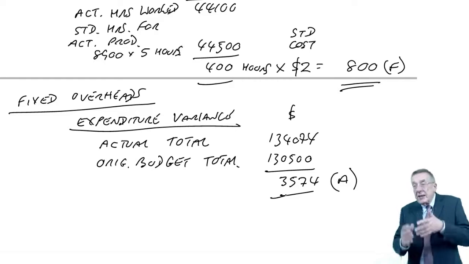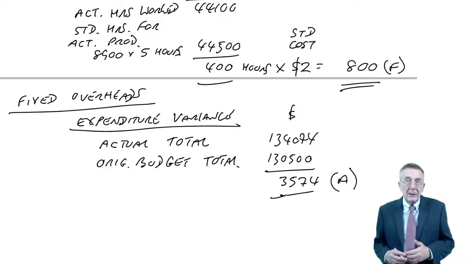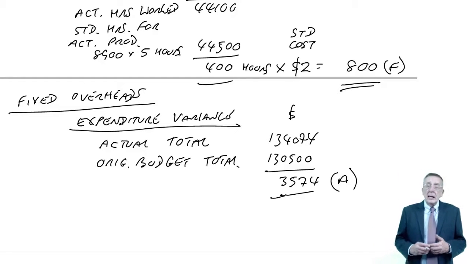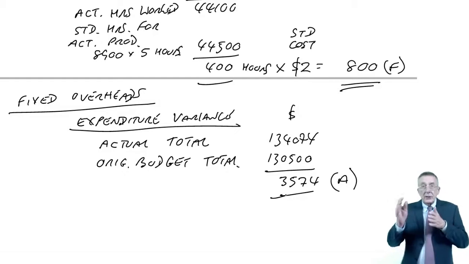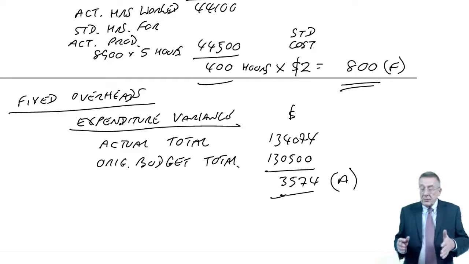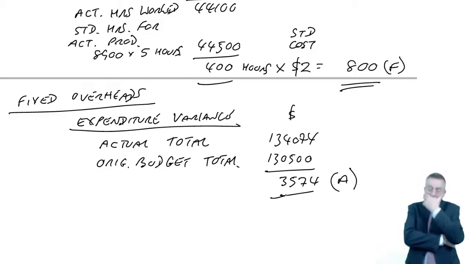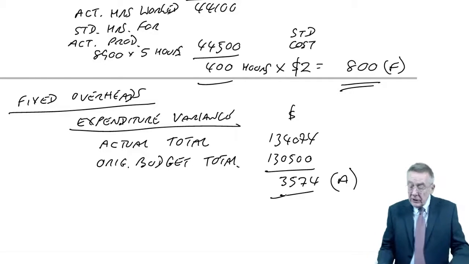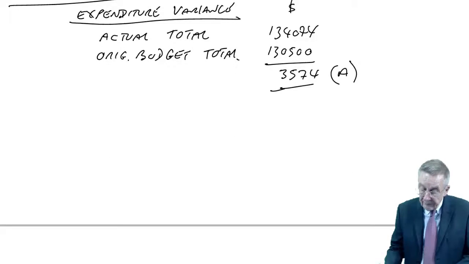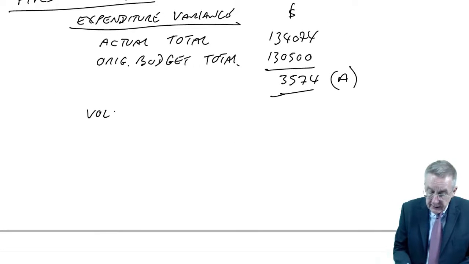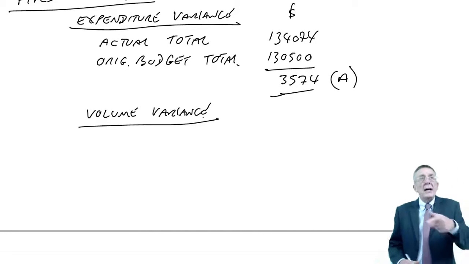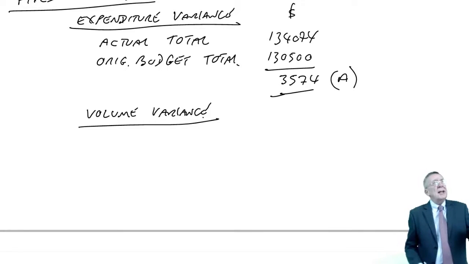However, because we did that flexing business, the variance comparing actual with flexed was 574. And so we do need to sort out what's happened there. This variance in some ways is a bit of a cheat, but we call it the volume variance. Why did we put a bigger cost in the flexed budget?